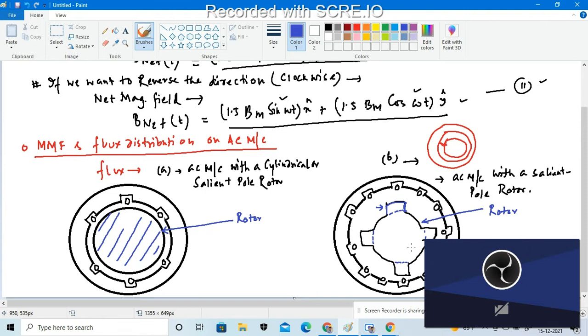But if the rotor is cylindrical, just like in figure A, the machine is said to have a non-salient pole rotor.